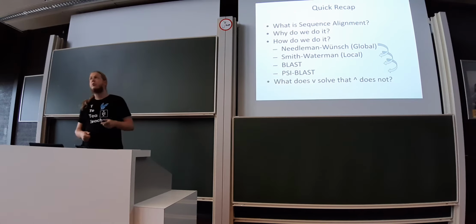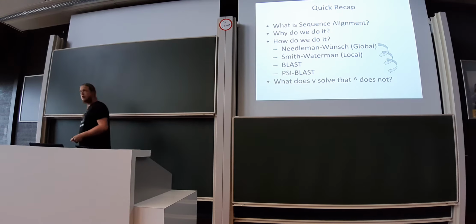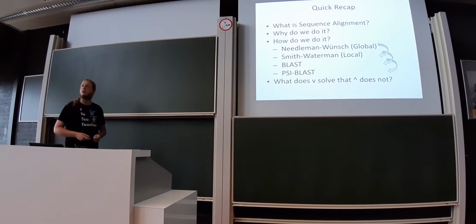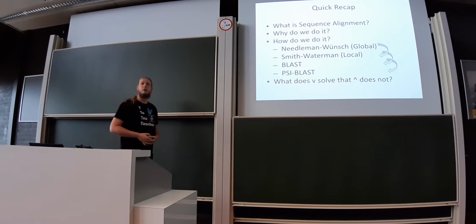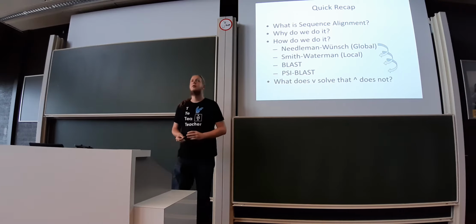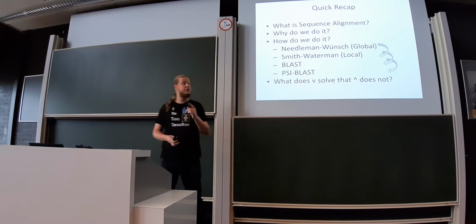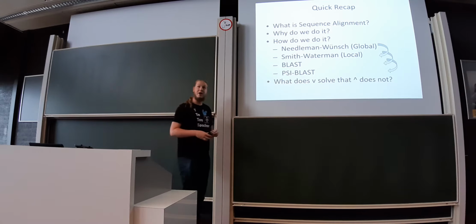So quick recap of what we spoke of last week. Can someone remind me what exactly is sequence alignment? Okay, very good. So we are comparing two sequences, and you already dove into the second question as well. Why do we do it?